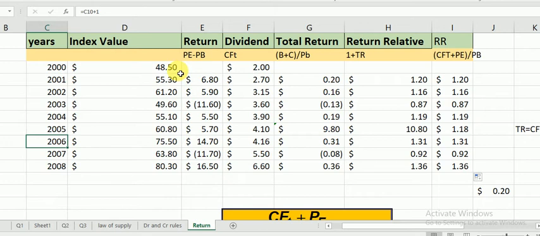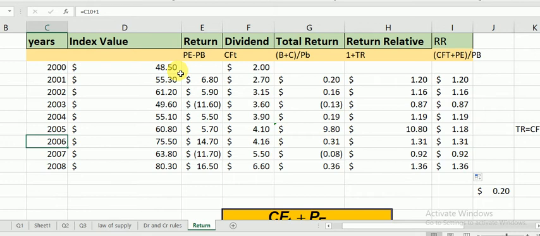We paid 48.50 for one stock in 2000, and till 2006 we keep it, so the wealth of this 48.50 increased to how much? This is the cumulative wealth index concept.